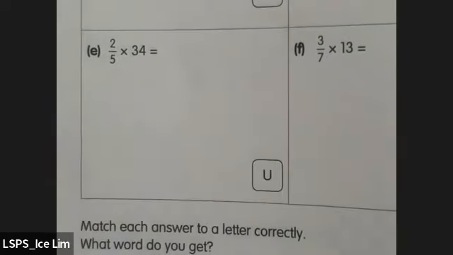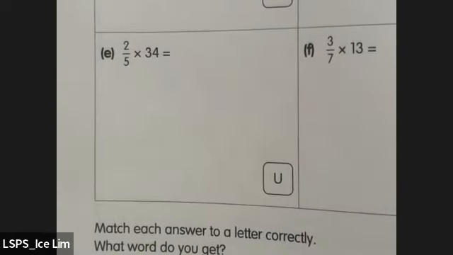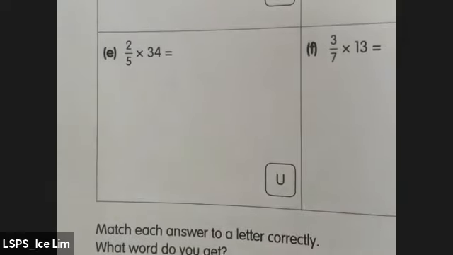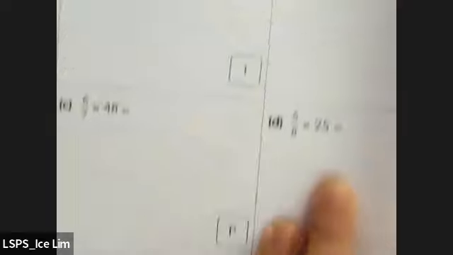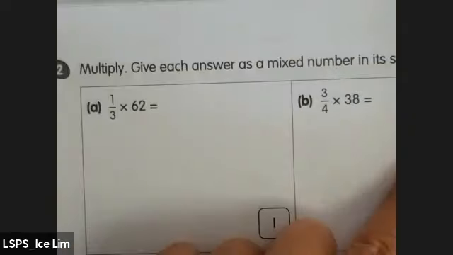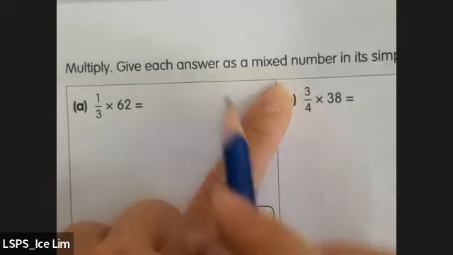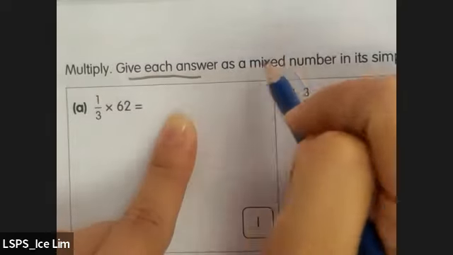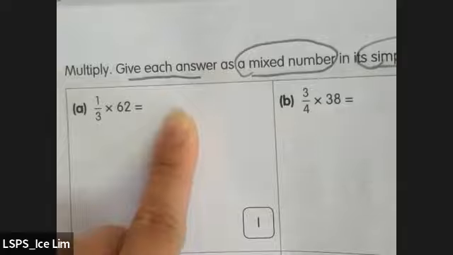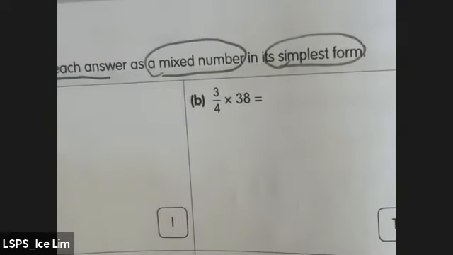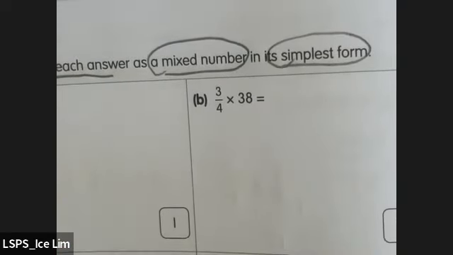Cannot. Now, where is the clue that tells you that you cannot divide by 5, apart from the times table? Very good, Jun Hong says, look, don't forget to read the question. The question says, give each answer as a mixed number in its simplest form. This is the biggest clue that tells you, oh, cannot cancel.